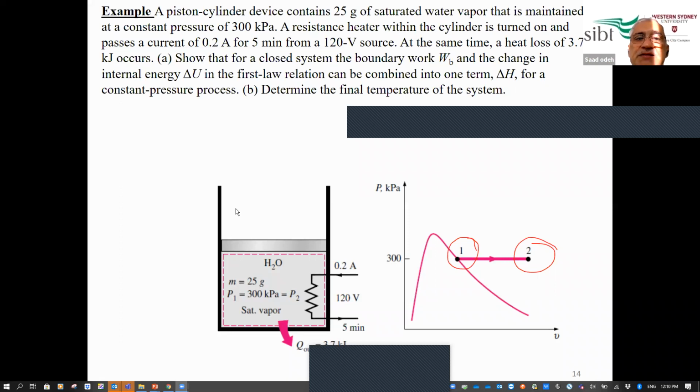Okay, so the pressure is maintained constant. As you can see, there is a heater, an electric heater. This electric heater, as you can see, is a resistance. So probably you have studied this before in physics or electricity.